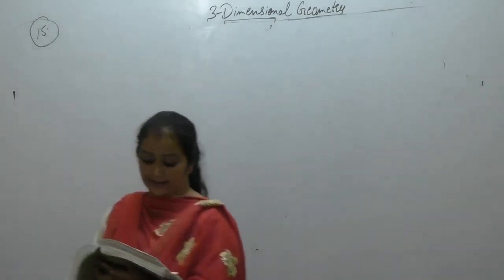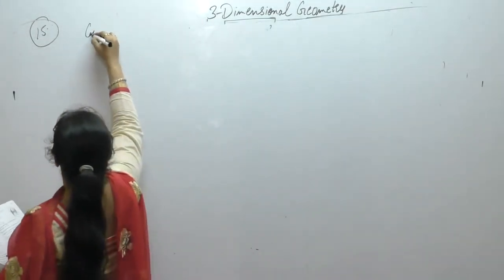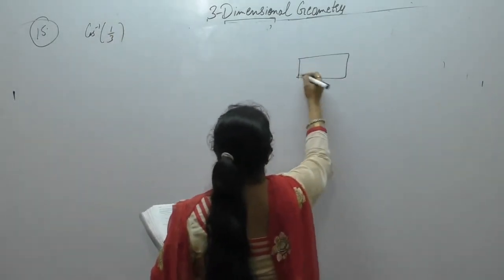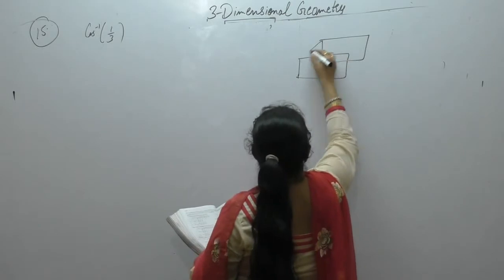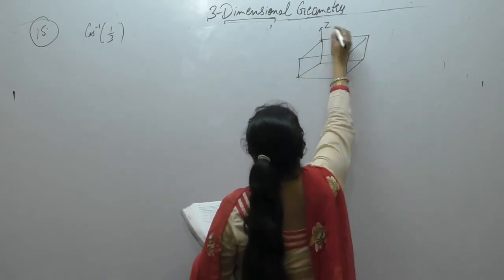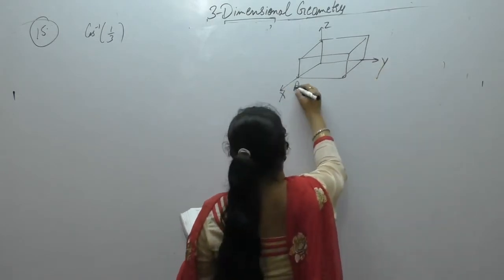Show that the angle between the diagonals of a cube is cos inverse 1 by 3. Consider the diagonals of a cube, with the z-axis, y-axis and x-axis.